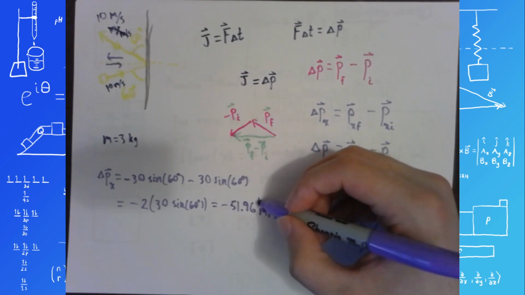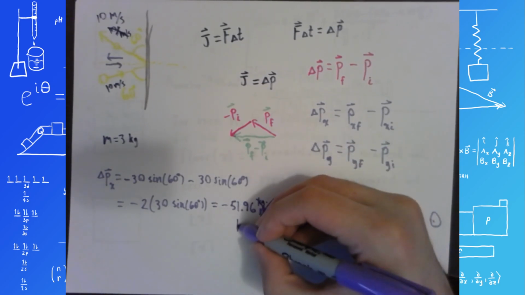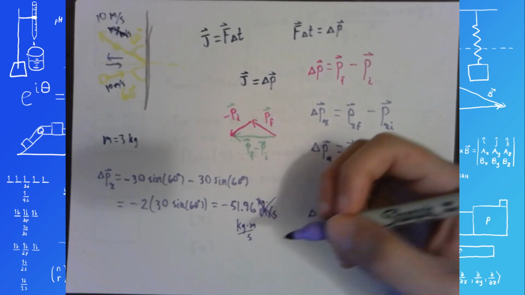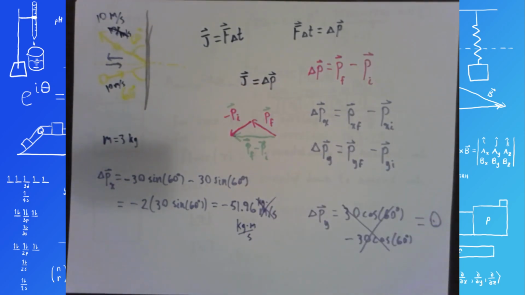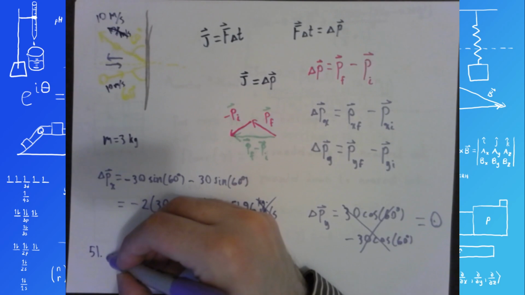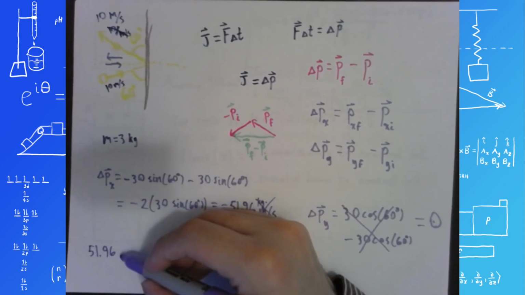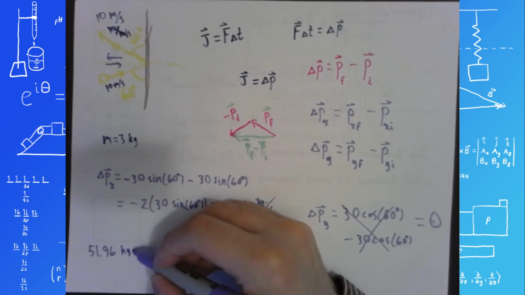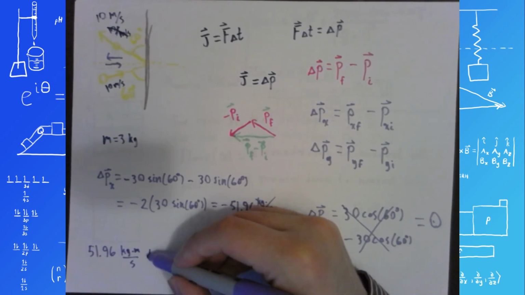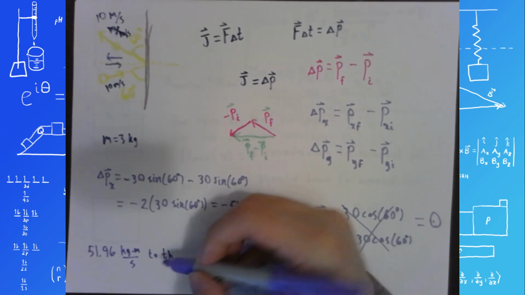Let me rewrite that. Kilogram meters per second to the left. So we can call this 51.96 kilogram meters per second to the left.